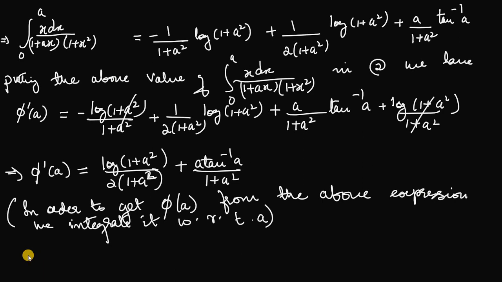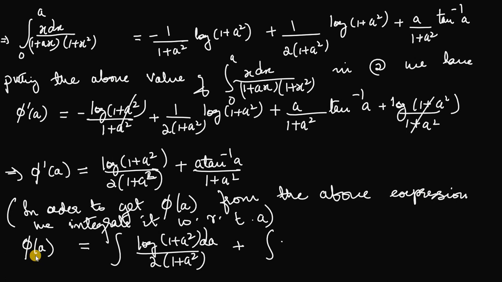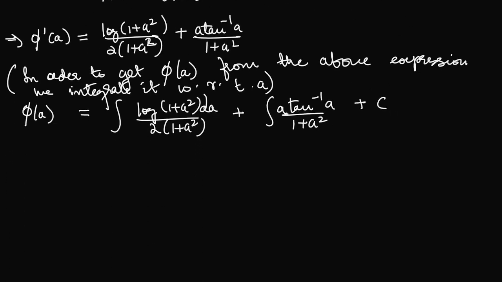So the left hand side will give you phi of a, and on the right hand side it will be the integral of log of 1 plus a square dA. Please note down this thing, since it is with respect to a, 1 plus a square, plus the integral of a tan inverse of a upon 1 plus a square, plus some constant, say c, where this constant c is to be evaluated using the initial condition. So now let us integrate this one.